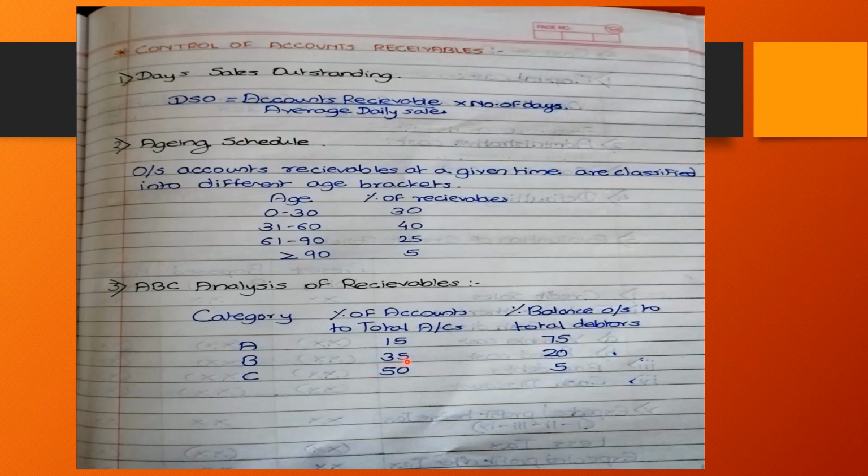B has 35% of debtors which hold 20% of the amount. C has almost half, 50% of debtors, but holds just 5% of the outstanding amount. So we will focus more on category A, because 15% of the people hold most of the amount outstanding. We will try to reduce it and focus more on A, then we will move to B, and then we will concentrate on C. So this is the ABC analysis of receivables.